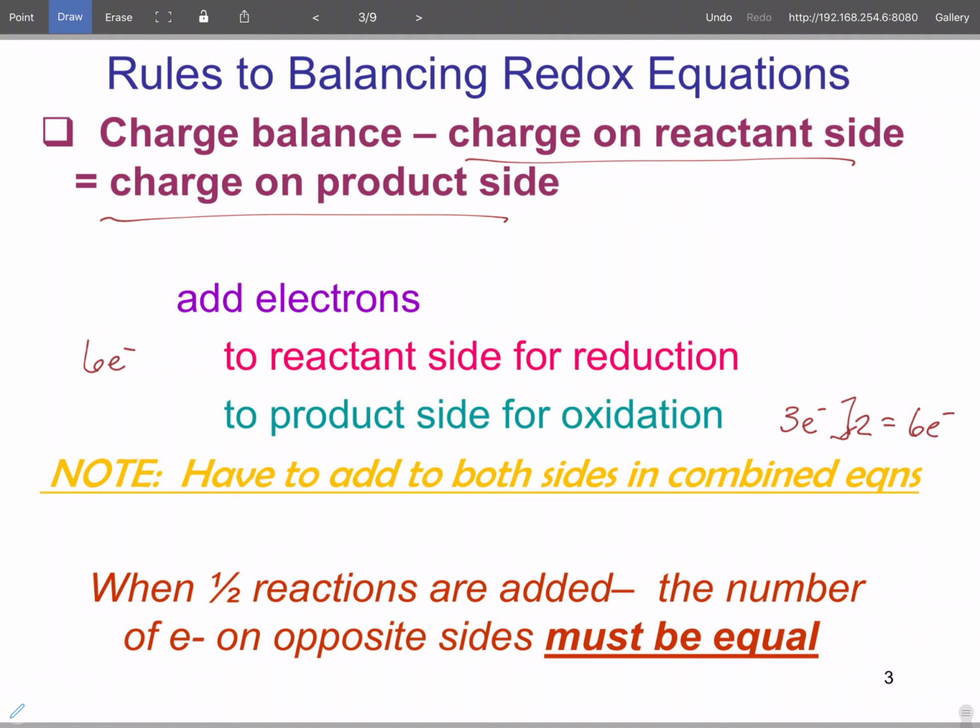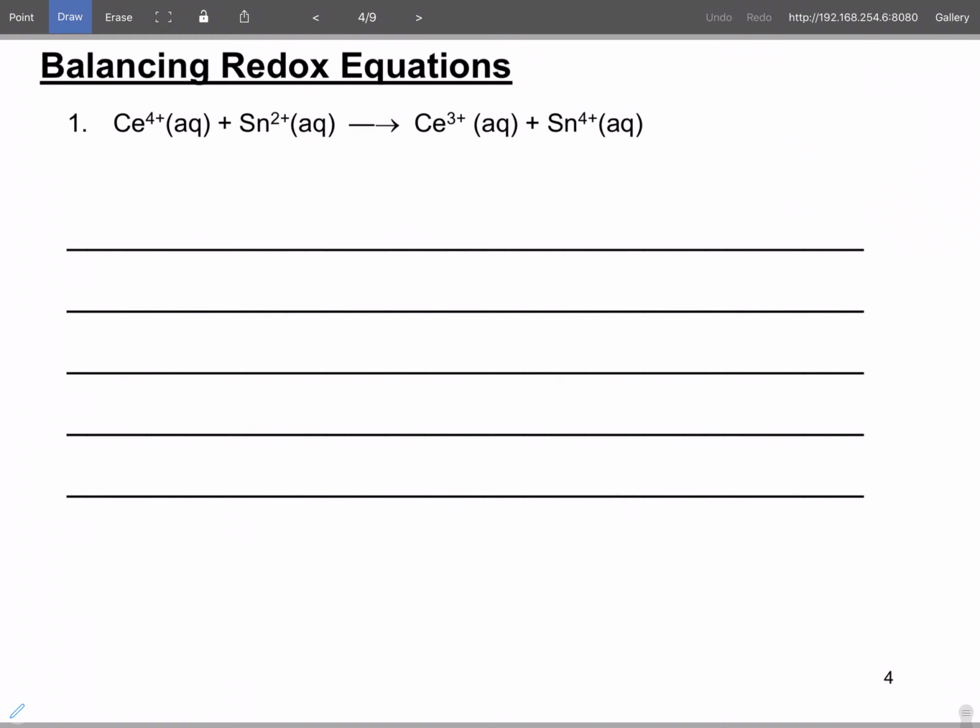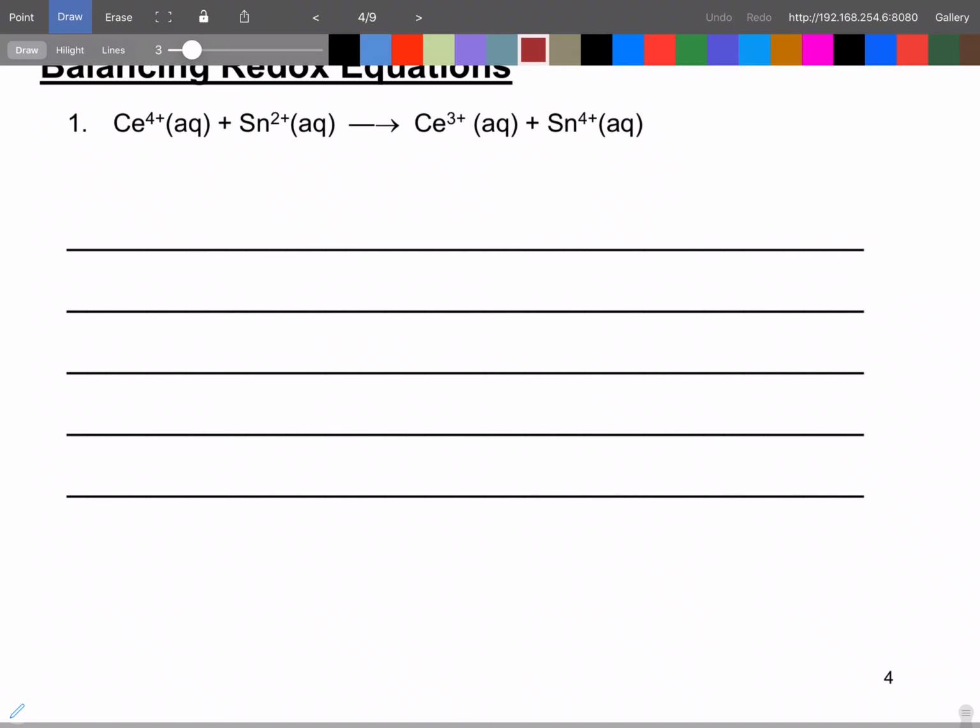The number must be equal so that the electrons fall out of the equation. They're annoying and time consuming, but they're really not hard as we go. Some of them are easier than others.